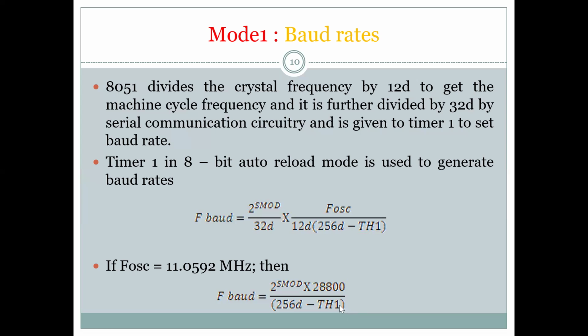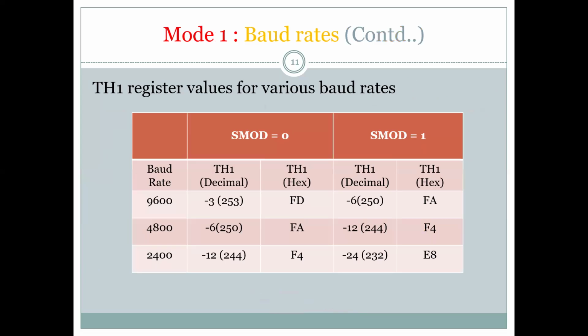So mode 1 is called 8-bit UART with variable baud rate. You can vary the baud rate by varying the value in TH1. These are the register values for different baud rates. When I load 253, which is FD in hexadecimal, it can be considered as -3 as a negative number, or 253 in the unsigned case.